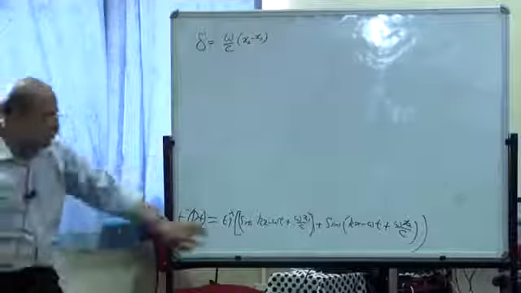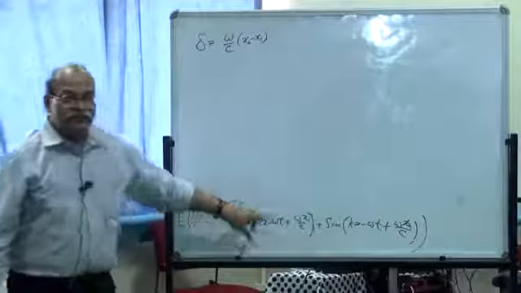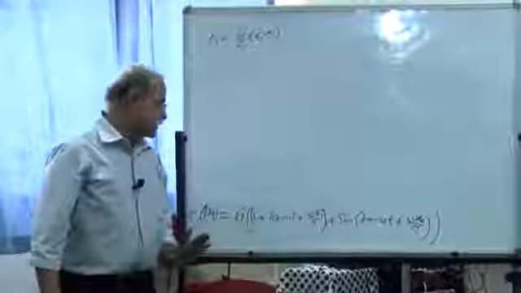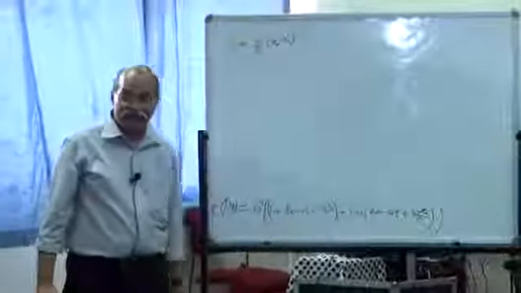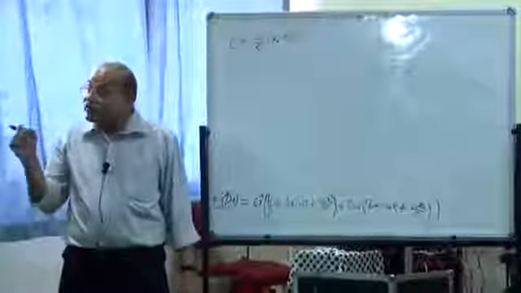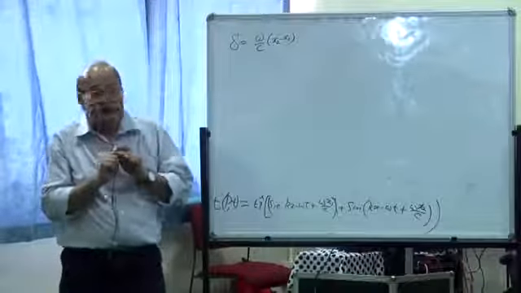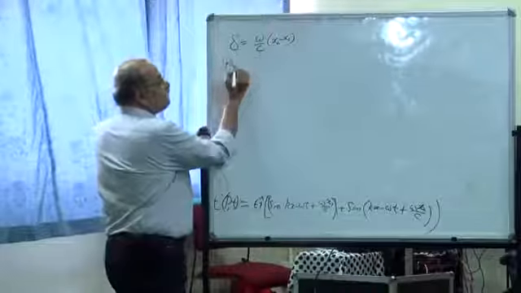You just look at this angle and this angle. The difference is just omega by c common, times x2 minus x1. We call it the phase difference between the two waves reaching P. This quantity is called phase difference.